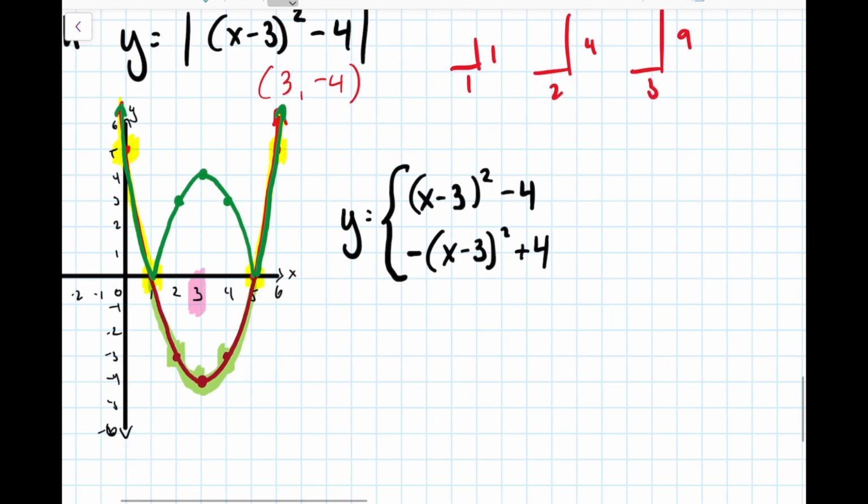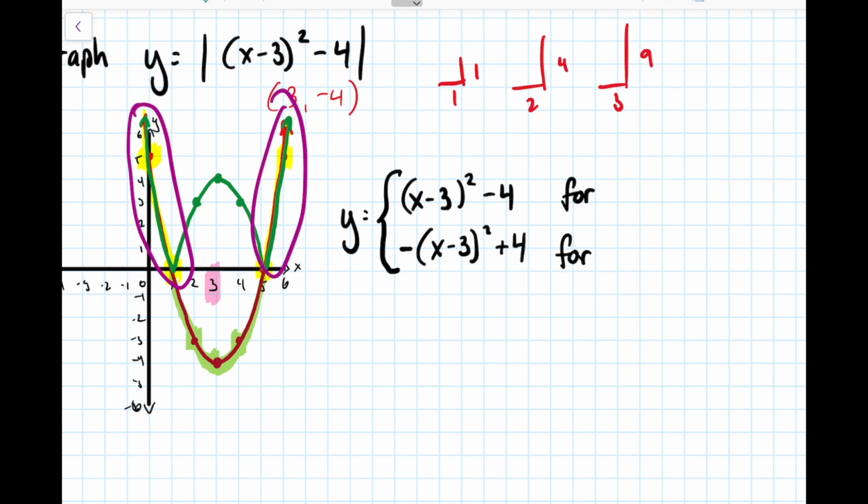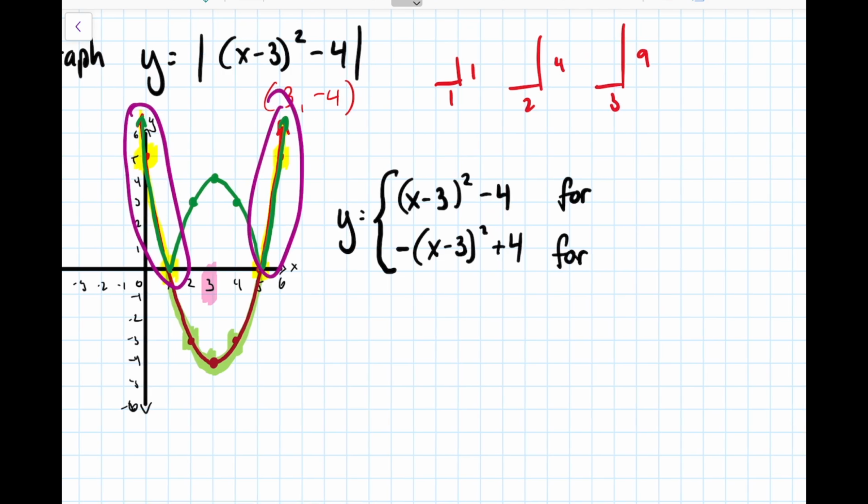Then we have to talk about x values. So the original unflipped part happens on the outside part of our graph. So that's over here and over here. You'll notice how that has 2 pieces. And so we actually have to write 2 separate domains to cover that bit.